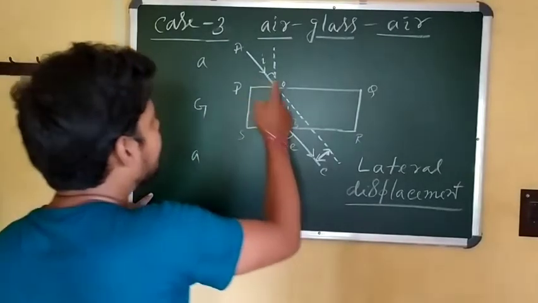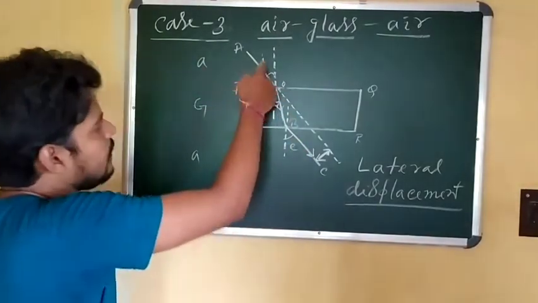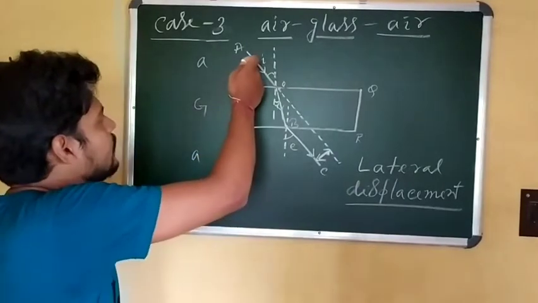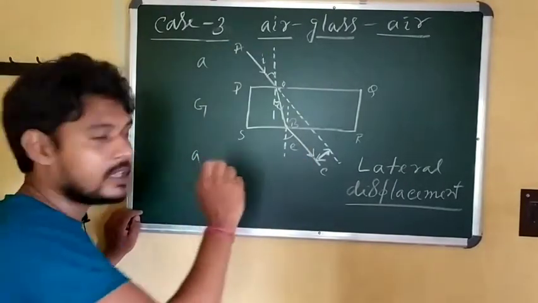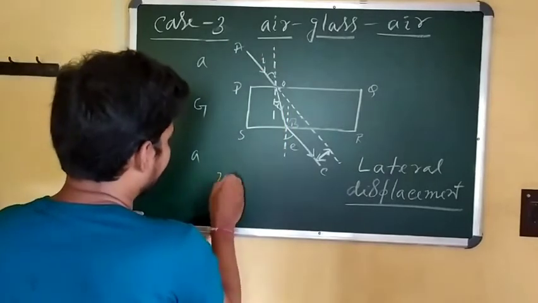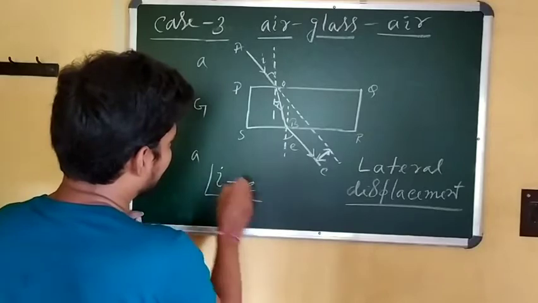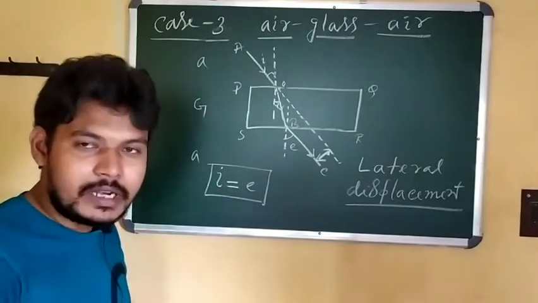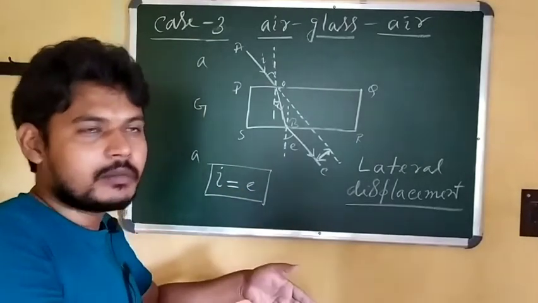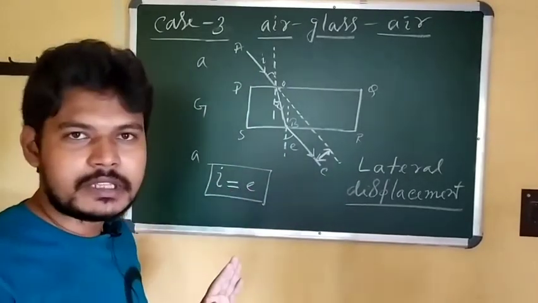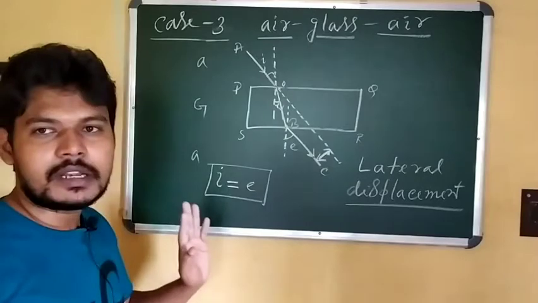So there will be no bending of path between the incident ray and the emergent ray. Angle I and angle E are both equal to each other. Only it shifts its path, but as both are parallel to each other, we know the angle will be the same, and angle I equals angle E.